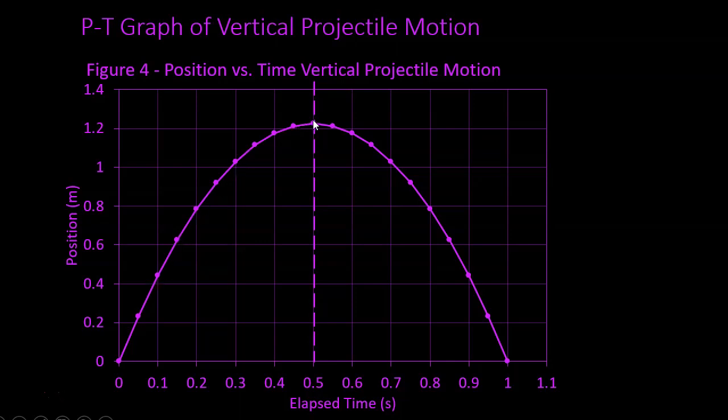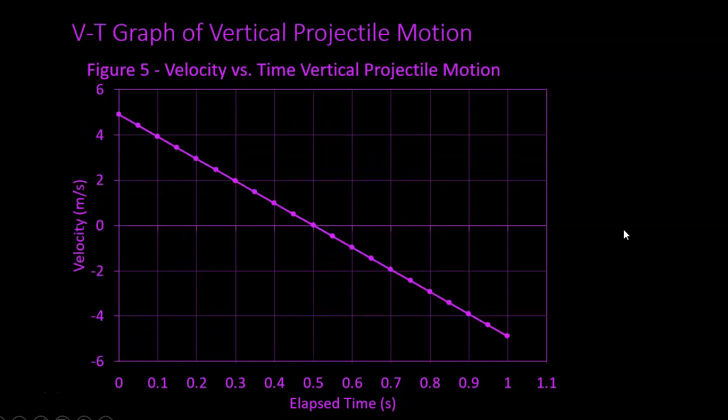It reaches its peak and momentarily stops moving, and then it speeds up as it heads down towards the floor. This line here at half a second is a symmetry of position. Notice these positions are all the same when you're an equal distance from this line of symmetry.